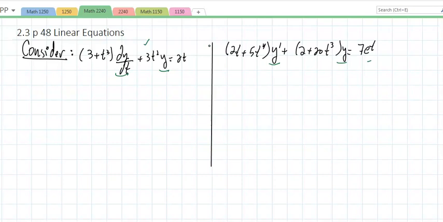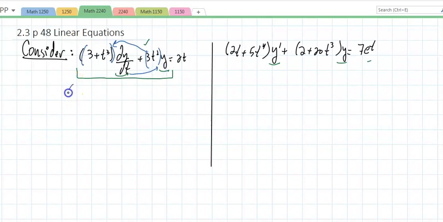If you glance at this for a minute, can you guess what the left side looked like? Look at that. This says 3 plus t cubed, this says 3t squared. It seems this is the derivative of this, and this is the derivative of this.